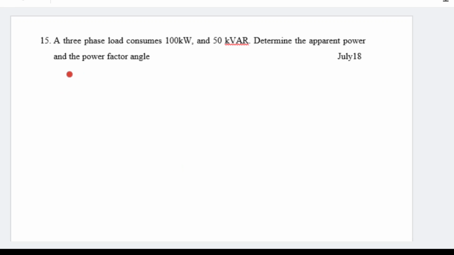I hope you have done the question. That is, in the question they have given active power is equal to 100 kilowatt. That is equal to root 3 VL IL cos phi, and the reactive power they have given us 50 kVAR. So that is equal to root 3 VL IL sin phi. Okay. So we have to find out the apparent power and the power factor.